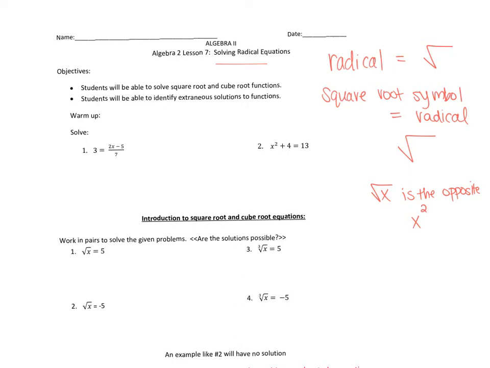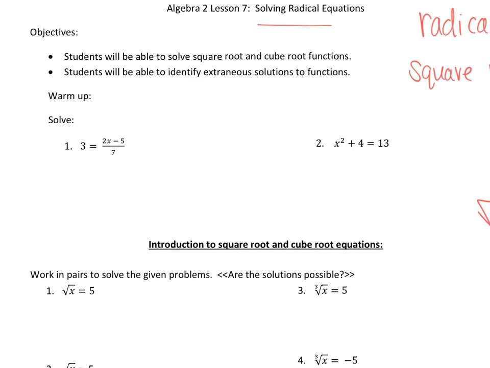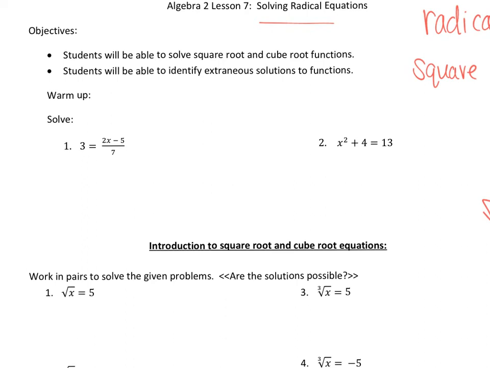So for this first little part up on top here, I just want you to warm up. I'm going to start number 1 for you, and then I'm going to do number 2 for you. I want you to finish number 1. The first thing I want to do is get x by itself. In order to get x by itself, I need to get rid of this denominator.